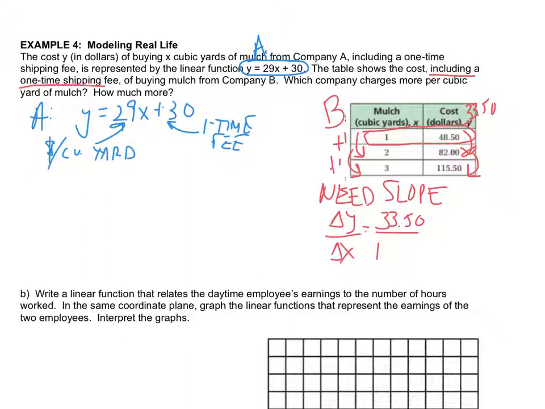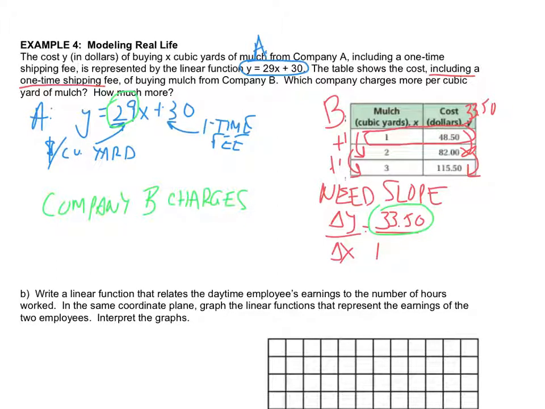So the question comes to, which one charges more? Well, Company A charges 29 per cubic yard. Company B charges 33.50 per cubic yard. So who charges more? Company B. And then also the question is, how much more?